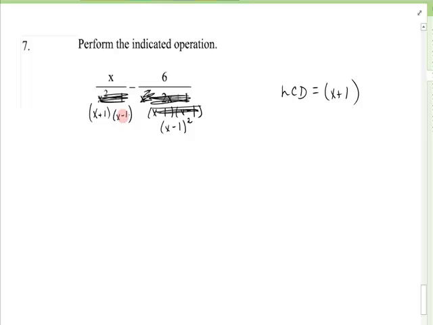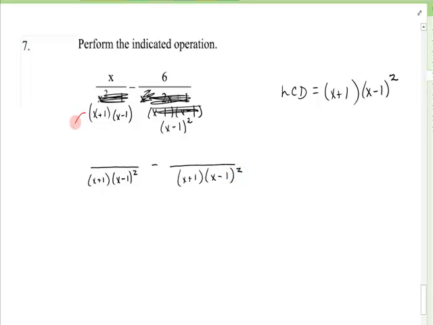I have one in two places. Why do I need it squared? Because it is squared in one of the two denominators. One of each different kind, highest power. So x plus 1 times x minus 1 squared.